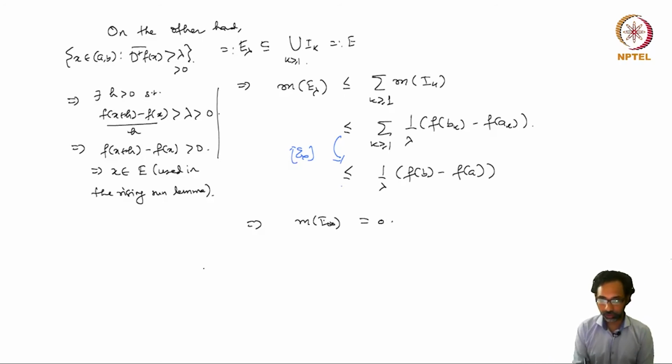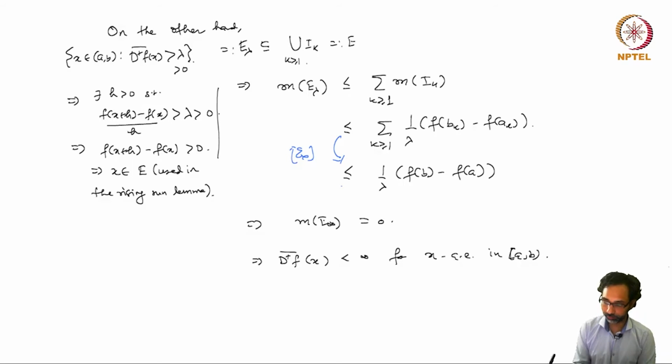So this shows that the upper Dini derivative, the positive one, is finite for x almost everywhere in (a, b).